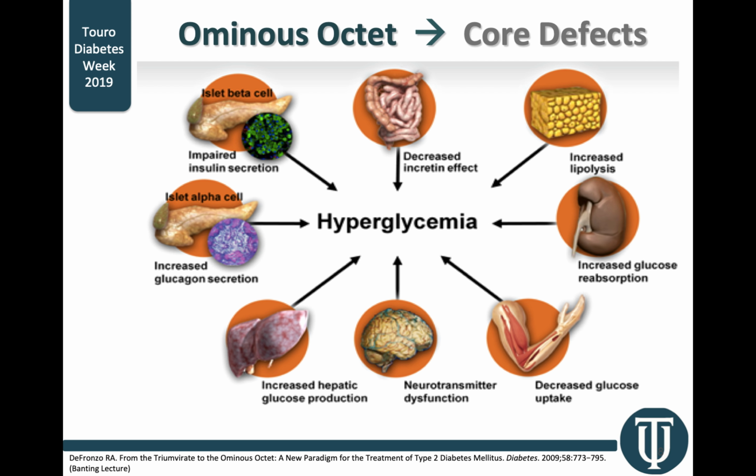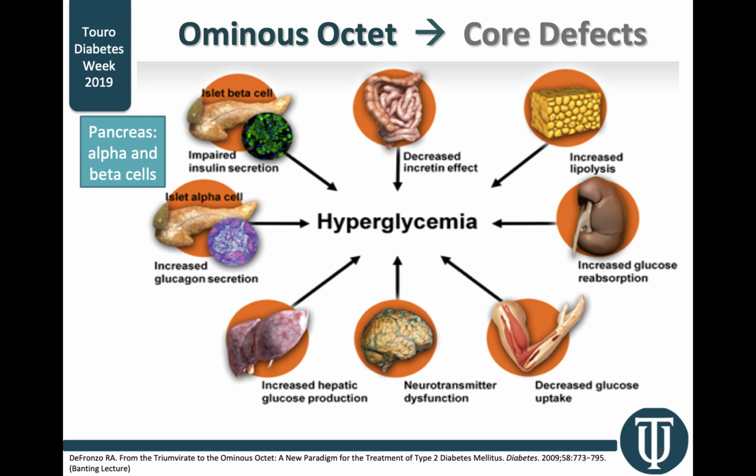As I mentioned earlier, there's a structure that we use in explaining the causes of hyperglycemia. This structure is called the omnibus octet. When we talk about the omnibus octet, what we're really focusing on are the core defects in type 2 diabetes. So there are 8 defects, right? Let's start with the pancreas.